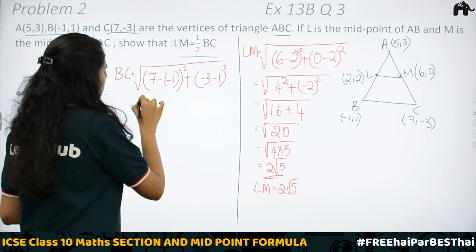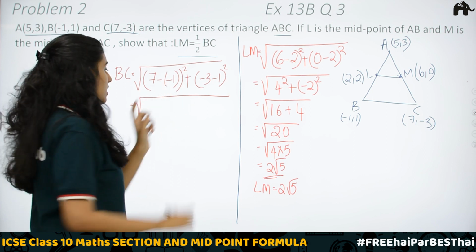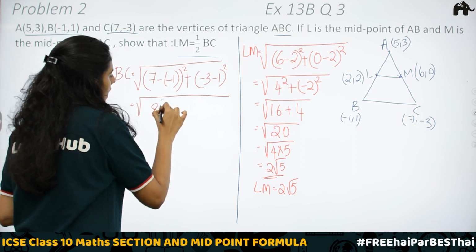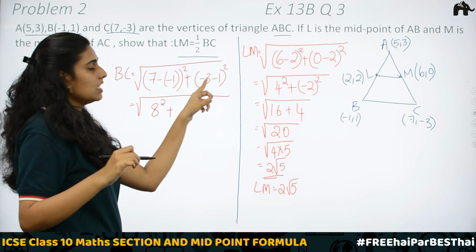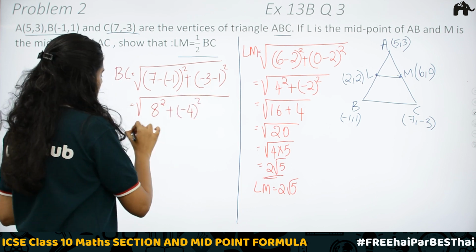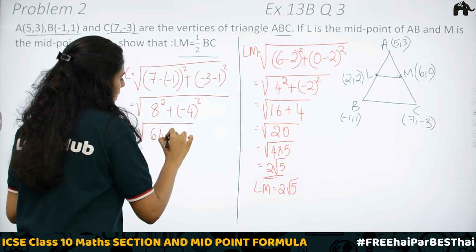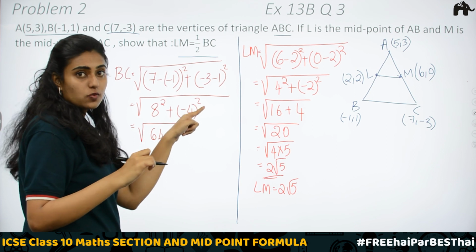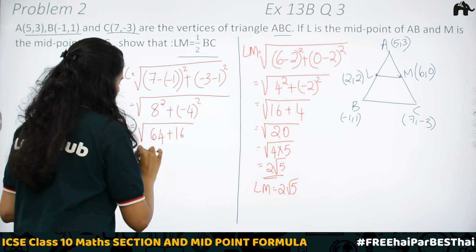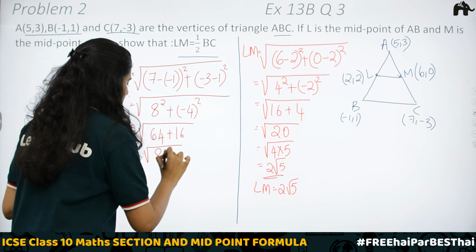That is equal to root of 7 minus 1, 7 plus 1, 8 square plus minus 3 minus 1, minus 4 whole square. That is equal to root of 8 square is 64 plus minus 4 square is plus 16. That is equal to root of 64 plus 16 is 80.